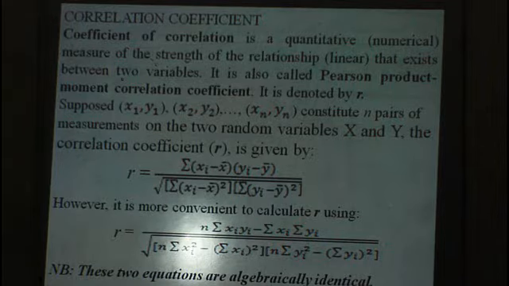Now when the relationship or the correlation that exists between the two variables tends to be linear, then the best coefficient of correlation to use is the Pearson product moment correlation coefficient.